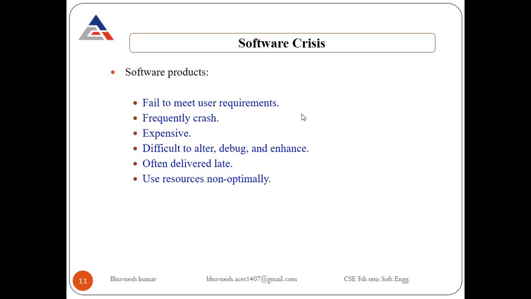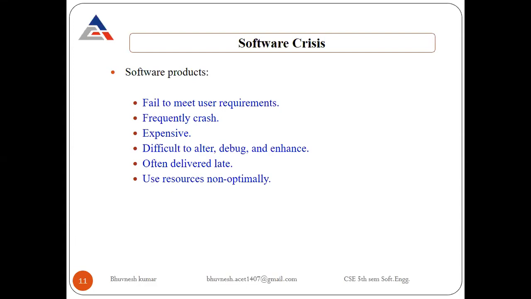If we make a product for a user but we haven't gone through the user requirements, then there is a failure. If we develop a product without going through the requirements of the user, there is always a failure of the product. User requirements should be taken. That is the initial step.